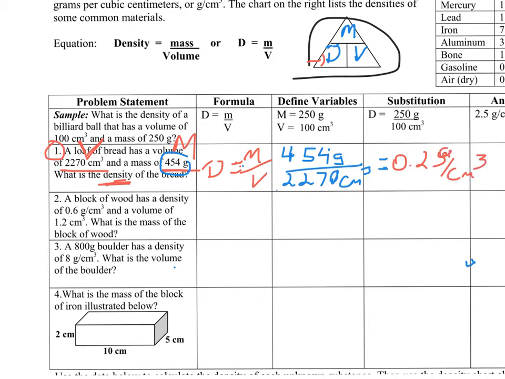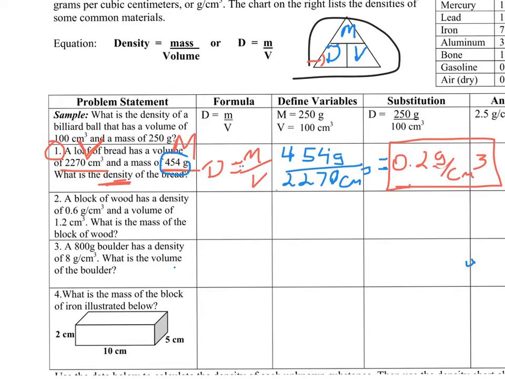Now, why do I have 2 units? Because you have density, and the mass goes on top, so you have to have that unit, and then the centimeters cubed. The units are part of your answer, so make sure that you have that down as well.